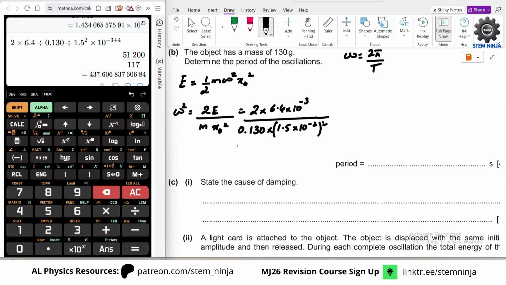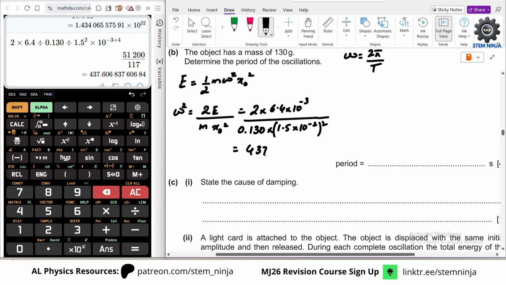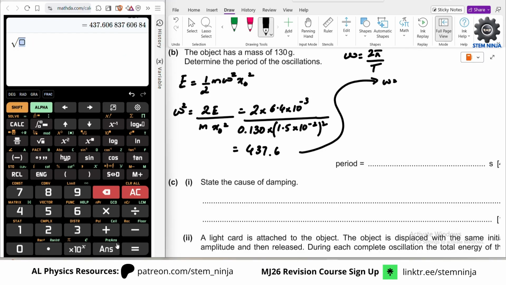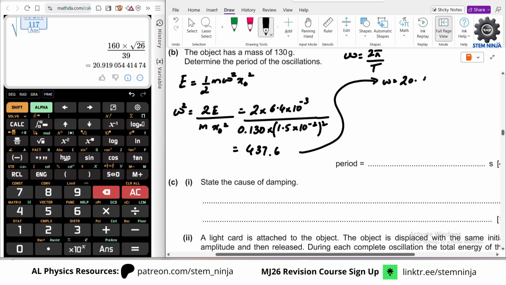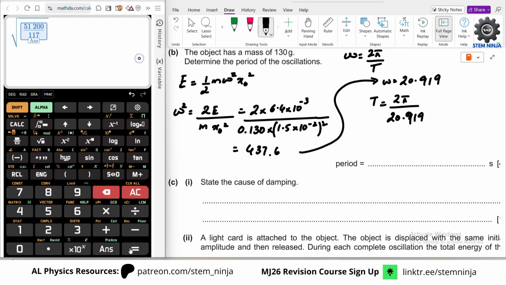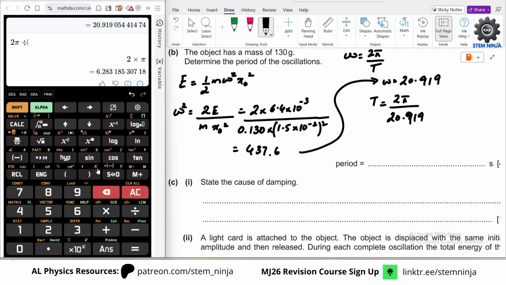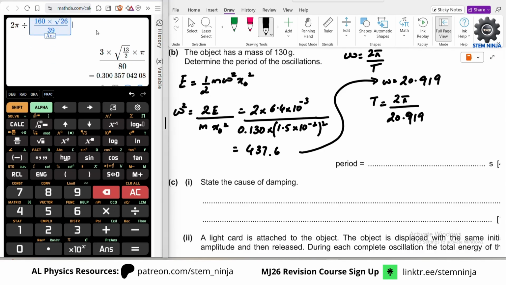You get omega squared, not omega itself. So omega will be the square root of this, 20.919. The time period is 2 pi divided by the answer, and you get 0.3 seconds.